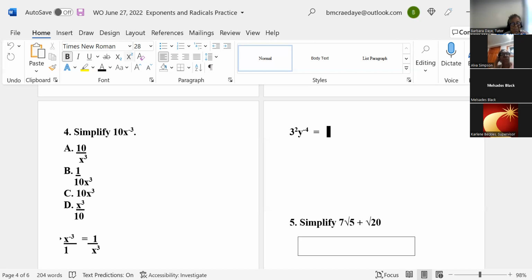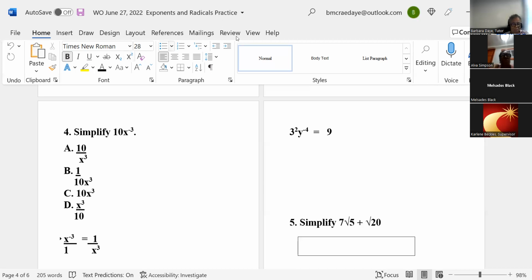No, 3 to the second is a coefficient. It's not multiplication. It's equal to what, Mercedes? What is 3 to the second? What number is 3 to the second? That's 9. Very good. It's 9. 3 times 3, right?